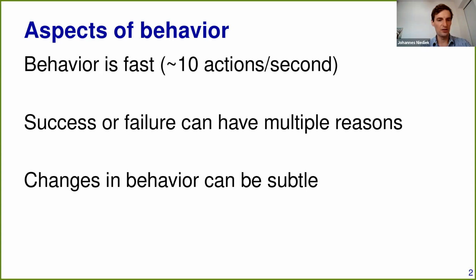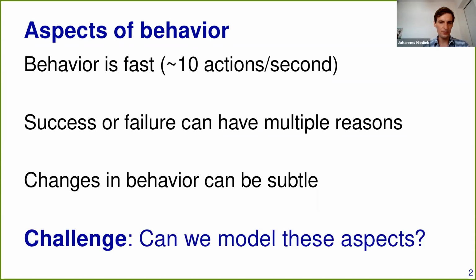The animal could be not motivated to do the task, or could be curious to explore some other suboptimal action at that moment. And changes in behavior can be subtle. For example, an animal could have 100% correct performance in a task, and still it could become faster and faster, slowly but surely as time goes on. And we asked, can we build a behavioral model that takes into account all these aspects of behavior?